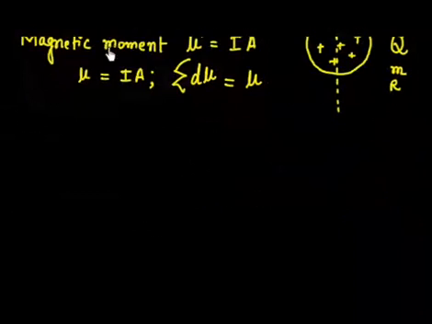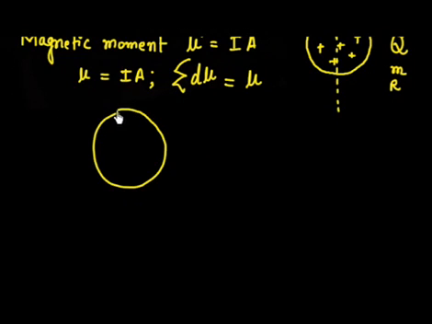So this is my disk, this is my sphere. Now, if I take a disk at radius r, this time this is a disk, this is not a sphere, mind it. So this is a disk at radius r and angle theta.